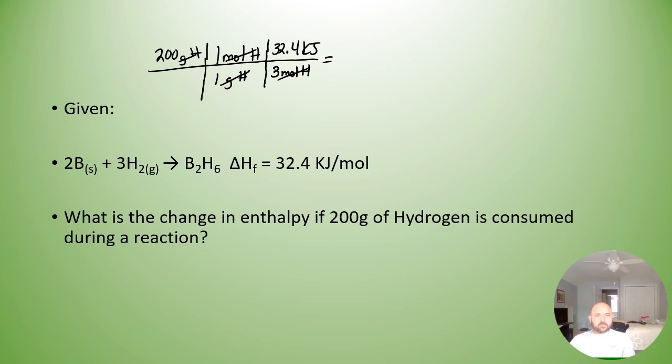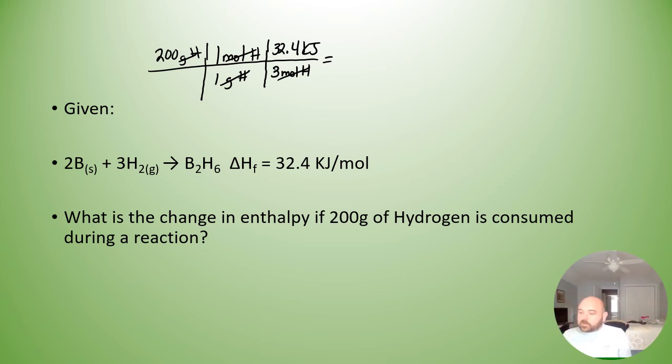You have to be careful, obviously. I didn't go with just 32.4 kilojoules per mole because that's per mole of the product here. There's only 1 mole of product made. In this reaction, there are 3 moles of hydrogen being consumed. So that means for every 3 moles of hydrogen being consumed, this much energy is being absorbed. So that's why we use 32.4 divided by 3 moles.